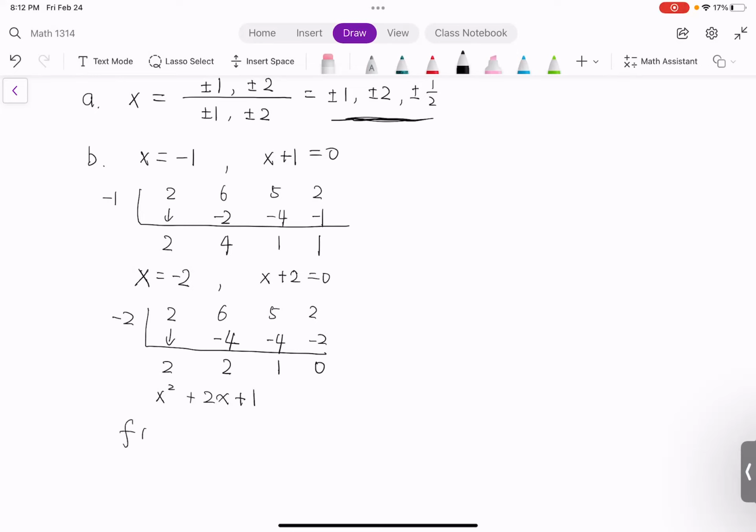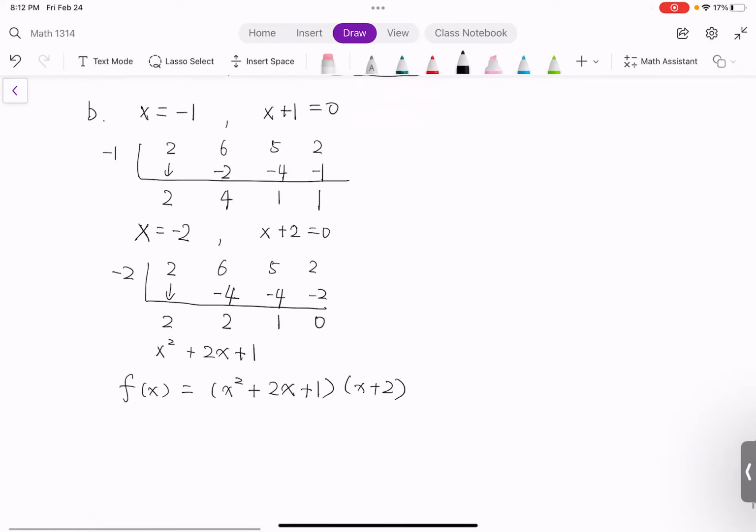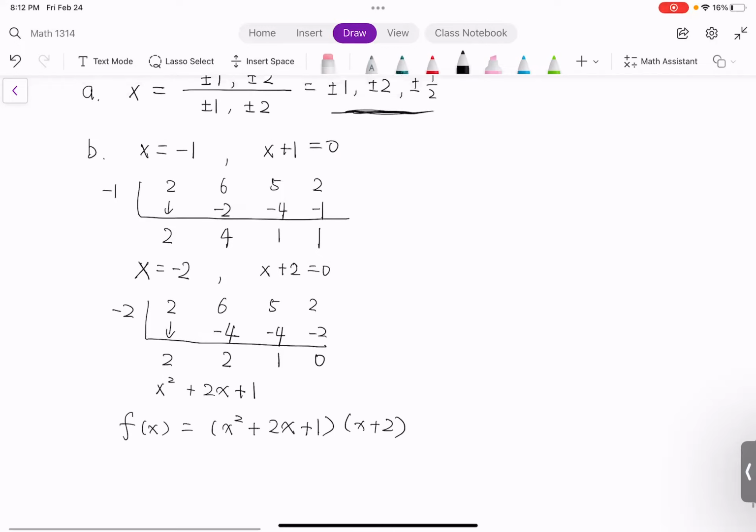So the function can be written in the factored form, x squared plus 2x plus 1 times x plus 2. Okay. So, am I correct?